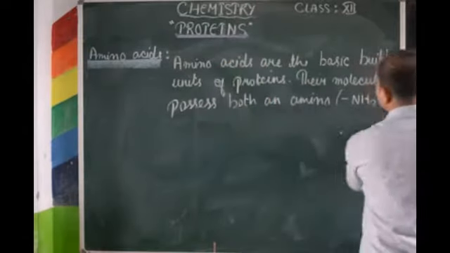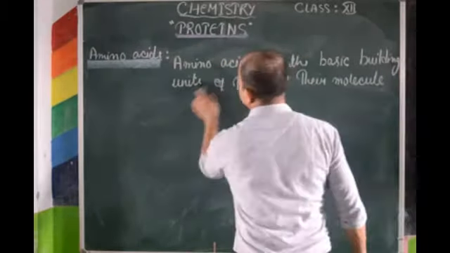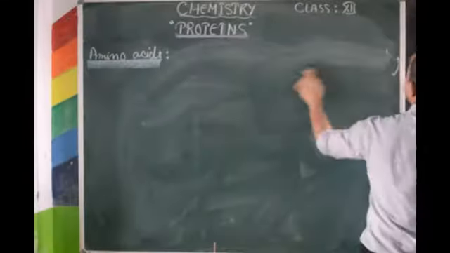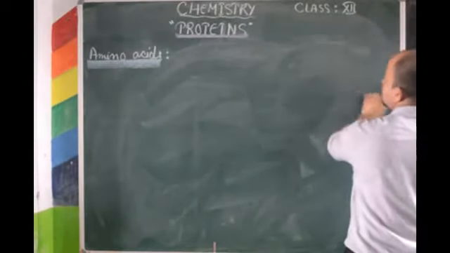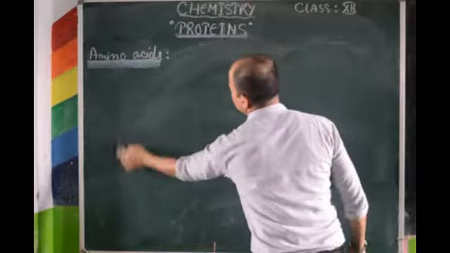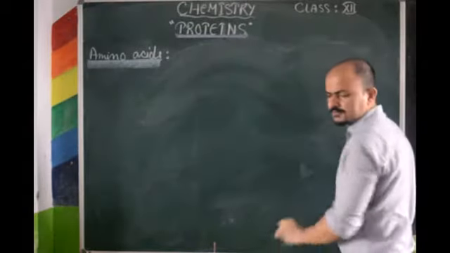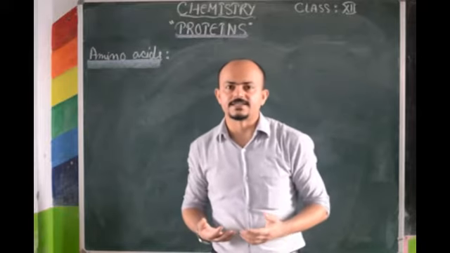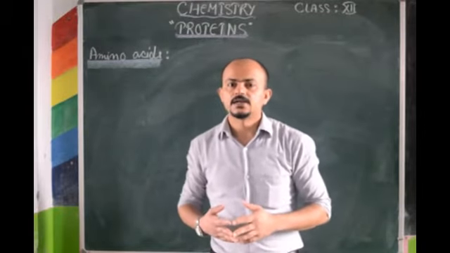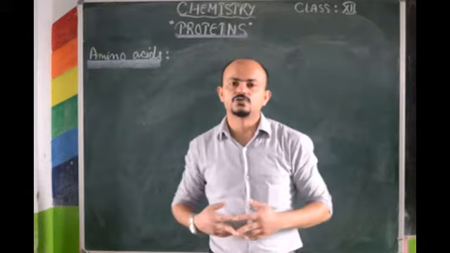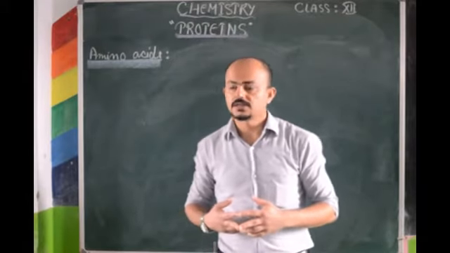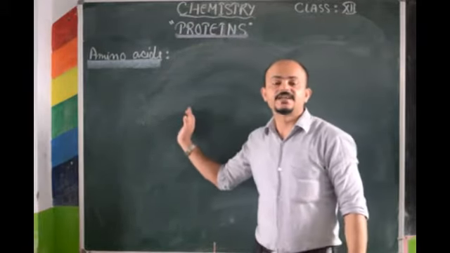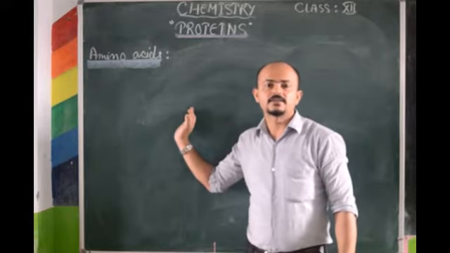Now in neutral solution, amino acids will stay in a dipolar form. Before discussing that, let's discuss the classification of amino acids. Generally amino acids are classified into two groups, essential and non-essential.